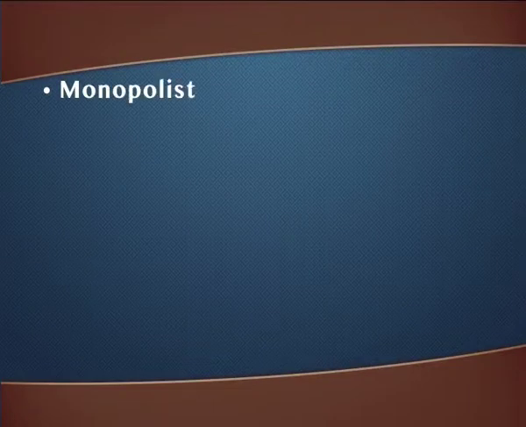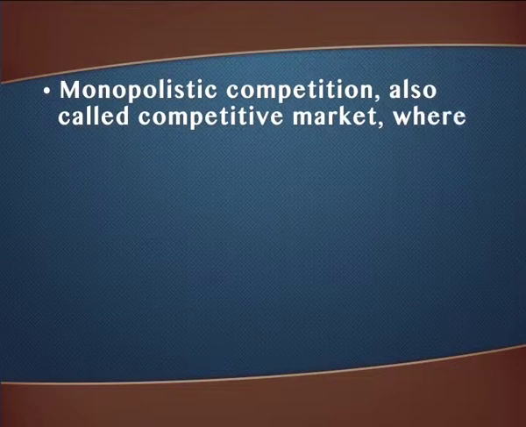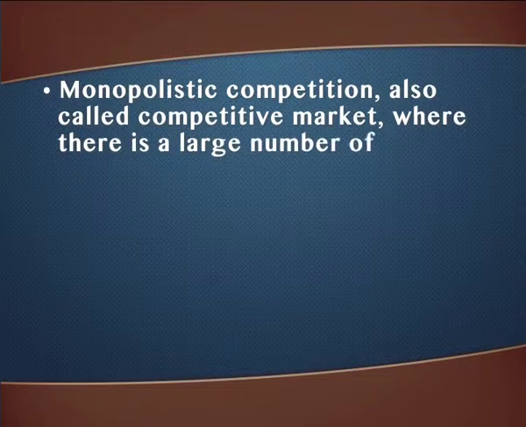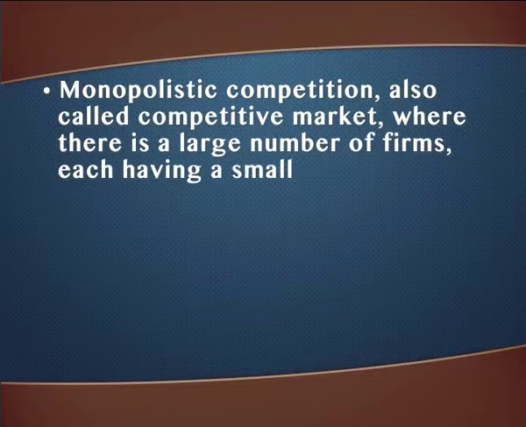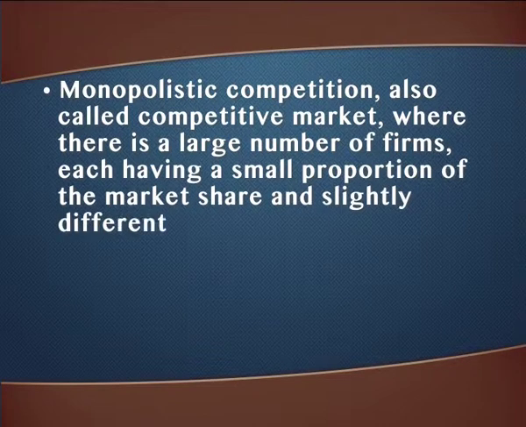Market structures. The market structure can have several types of interacting market systems. Different forms of market are a feature of capitalism. Competition is the regular mechanism of the market system. Monopolistic competition, also called competitive market, is where there is a large number of firms, each having a small proportion of the market share and slightly differentiated products.